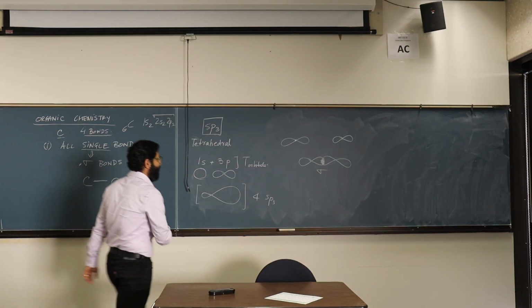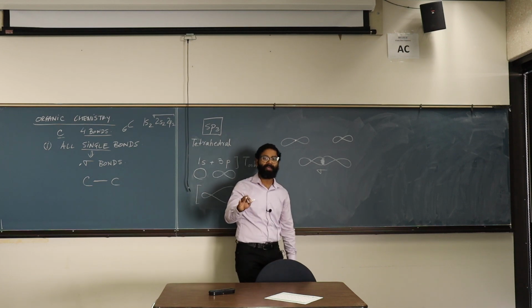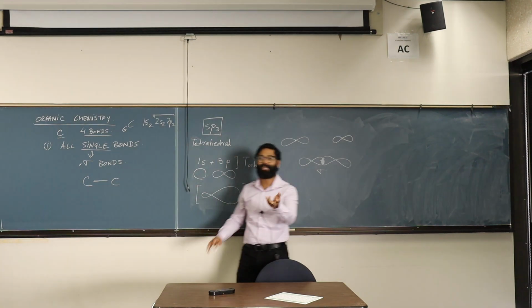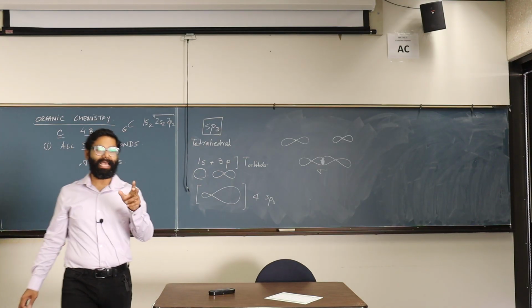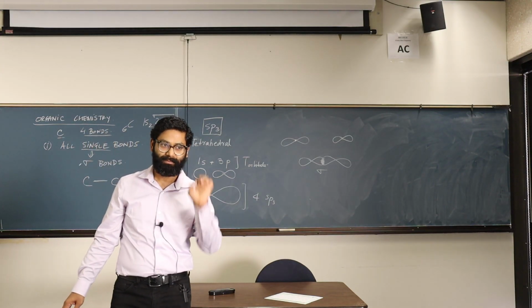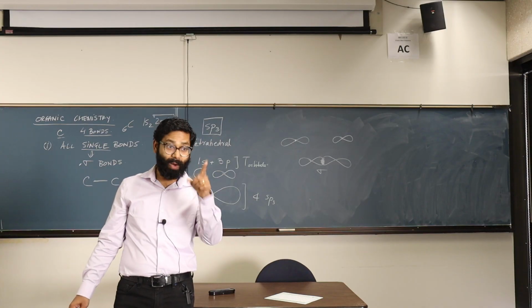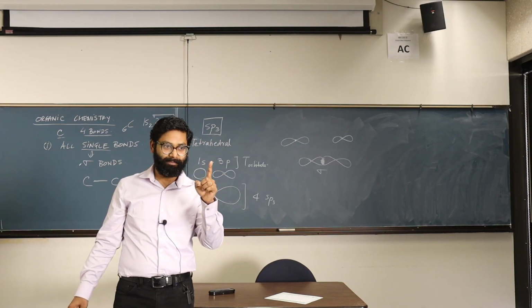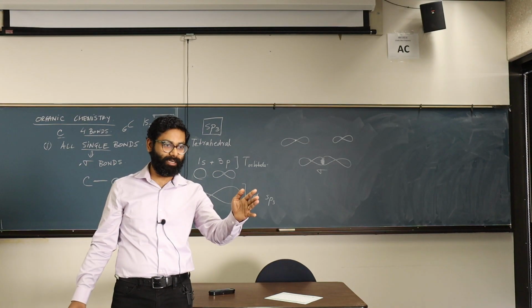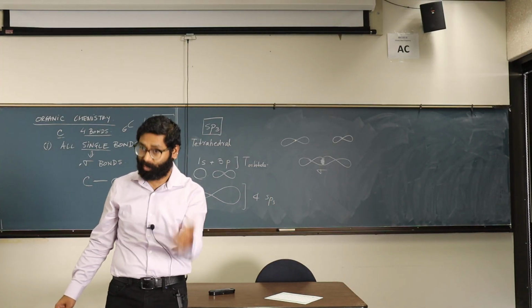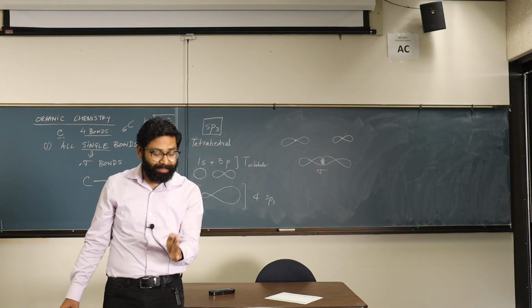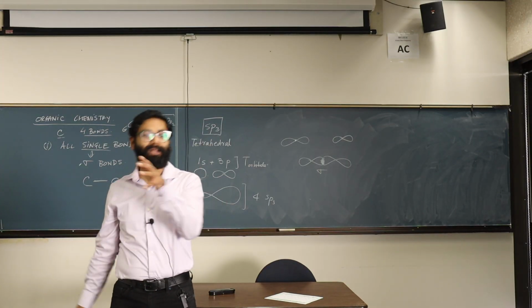So the p orbitals, how many types of p orbitals are there? What is the magnetic quantum number of p? What is the azimuthal quantum number of p? 1. Right? So the azimuthal quantum number l for s orbital was 0, for p it is 1, and therefore the magnetic quantum number can go from -1 to 0 to +1.